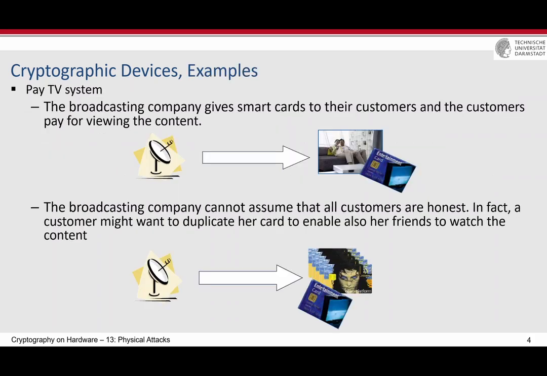One thing which is already outdated, but the topic is interesting to mention: these physical attacks actually came to the market first with one application called Pay TV system. At the moment, you don't have this application anymore.